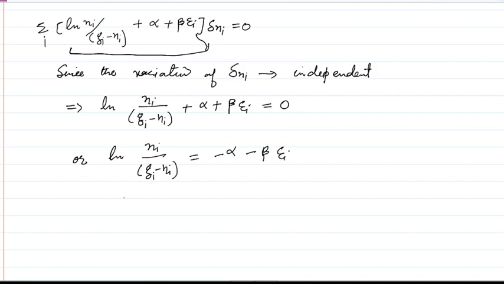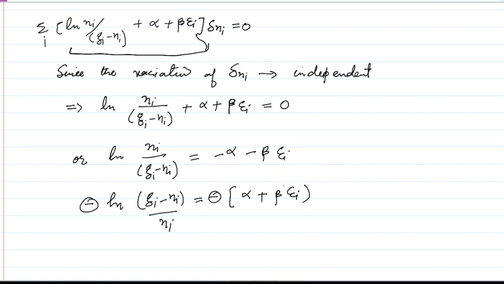So if we take the reciprocal of this, it will be ln of Gi minus Ni upon Ni, but now negative, if we take the negative outside of both the terms, it will be alpha plus beta Ei. So simply this negative and negative will cancel out, so we will get this relation.